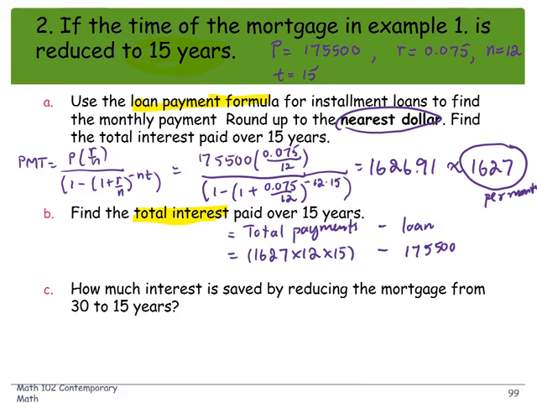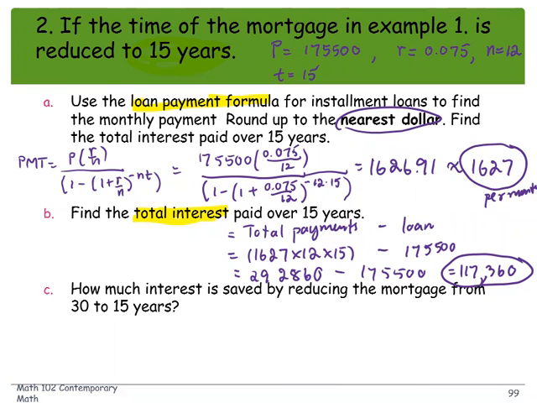The total payment comes out to be 292,860, and then subtracted by 175,500. So the total interest comes out to be 117,360. That is less than the amount of the loan. As you see, the interest comes down if you finish the loan in a shorter time.